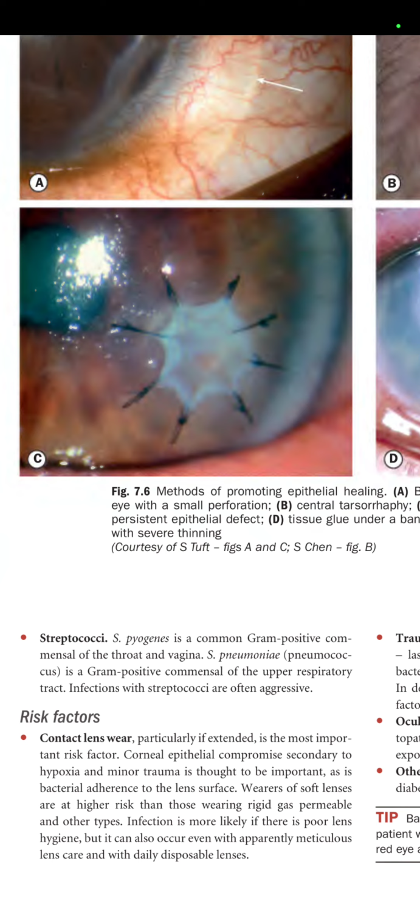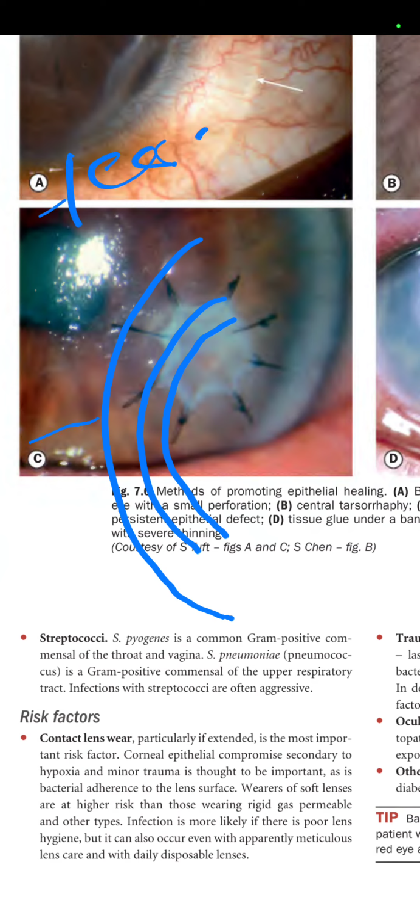Corneal epithelial compromise secondary to hypoxia and minor trauma is thought to be important, as is bacterial adherence to the lens surface. So what causes the contact lens to be a risk factor? Basically, when the contact lens is over the cornea, it affects the tears, and as you know, tears provide oxygen to the anterior surface of the cornea.